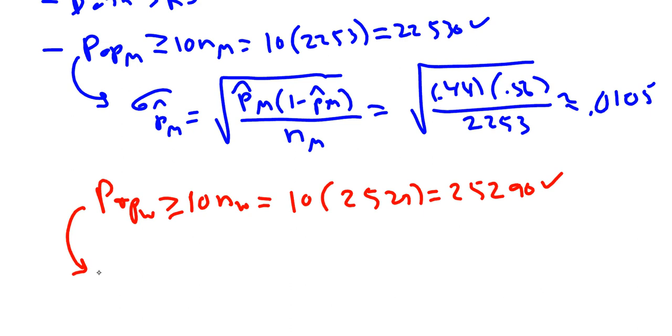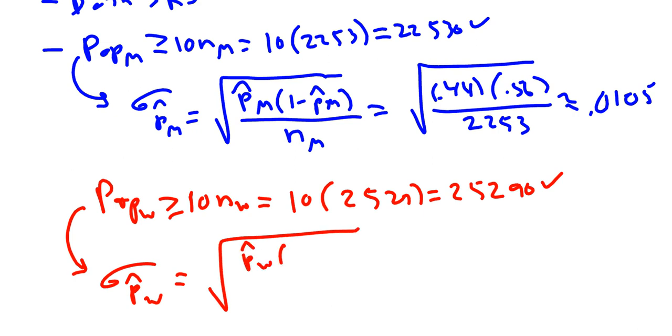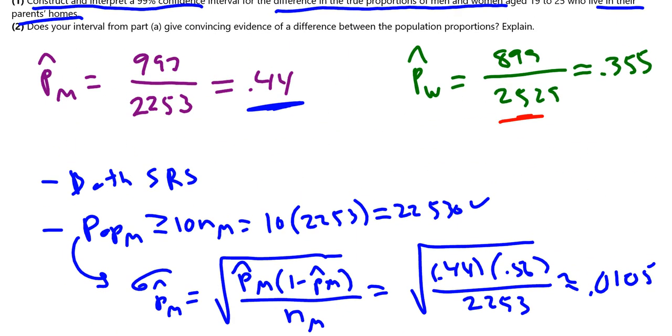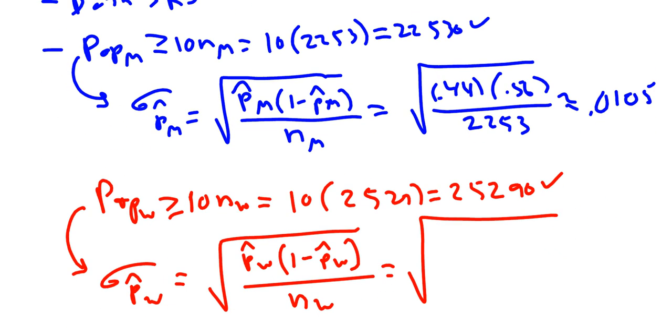Since that's true, we can say that the standard deviation of p hat for the women equals the square root of p hat for the women times 1 minus p hat for the women over the number of women sampled. In our case, that would be the square root of, and remember, our p hat for women was 0.355.